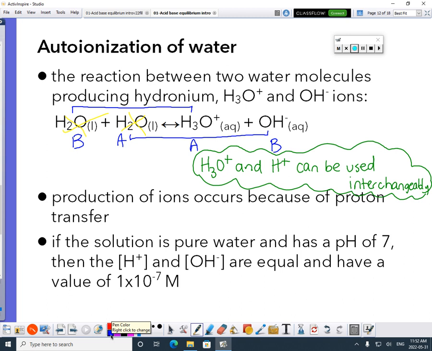So when you do the equilibrium constant for this equation, it would just be these two numbers multiplied together. So if it's a pure water pH of 7, these two multiplied together give us a reference value, which we call the equilibrium constant for the autoionization of water, or Kw.